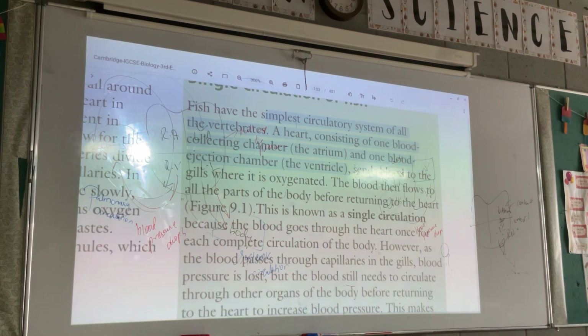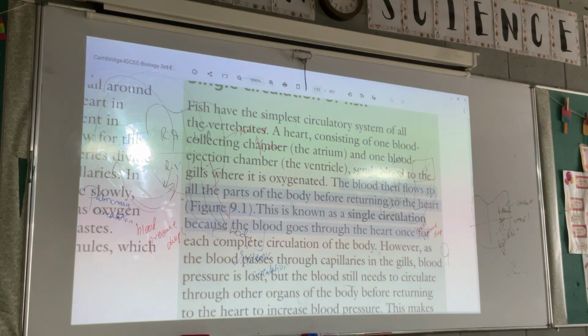In fishes, which circulation do they have, double or single? Single. How many chambers? Two, atrium and ventricle. It sends blood to the gills where it gets oxygenated, because gills function the same as lungs. The blood then flows to all parts of the body before returning to the heart.